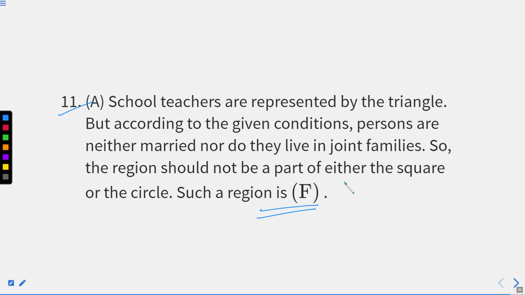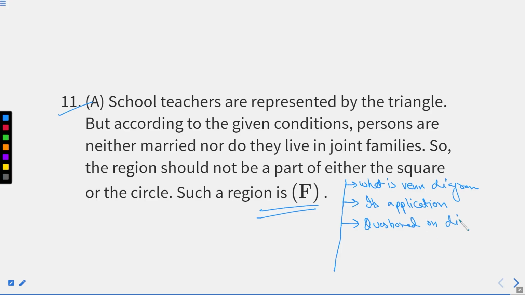You all know now from this chapter, we have discussed what a Venn diagram is, right? Its application, right? Third is questions based on the diagram if given, right?